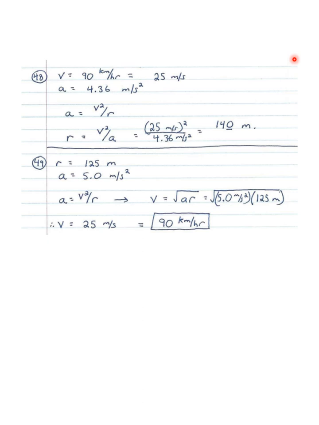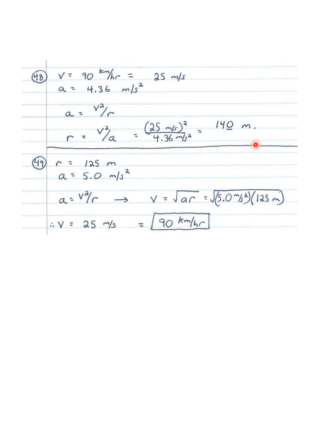And we know that in order for the units to work out, we have to have consistent units. So we need this in meters per second. So convert that and you should get 25 meters per second. Then taking the acceleration equation, a equals v squared over r, solve it for r, you get r equals v squared over a, plug in the values and you get 140 meters.